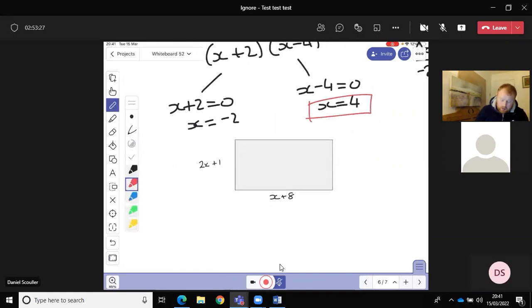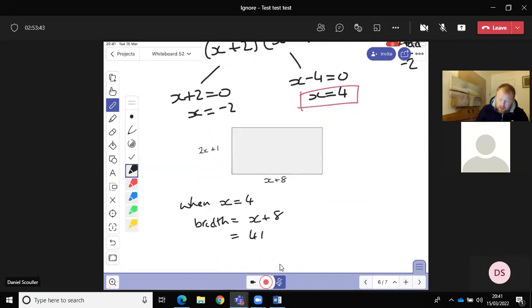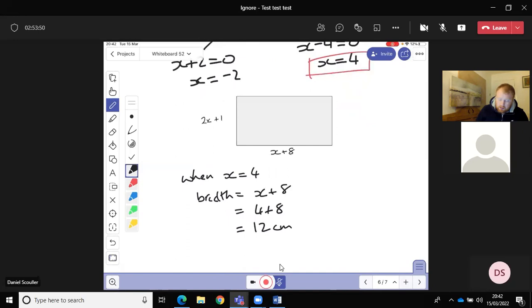So when x is equal to 4, the breadth is equal to x plus 8, which is equal to 4 plus 8, which is equal to 12 in whatever units. So say centimetres.